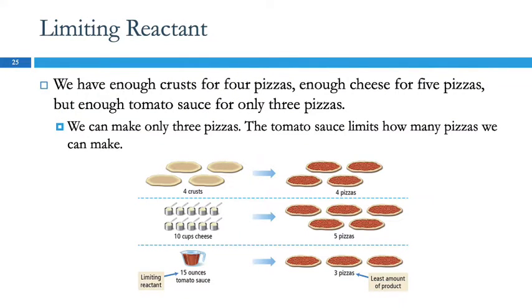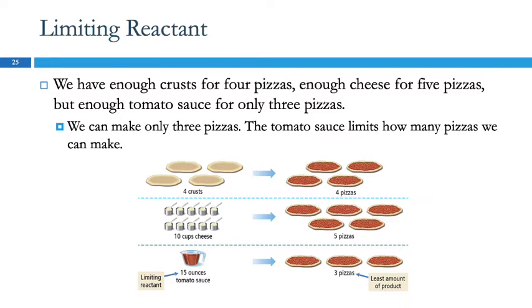And so here it is with pictures. The 4 crusts would make 4 pizzas, 10 cups of cheese would make 5, and 15 ounces of sauce would make 3. And so this amount of sauce limits the amount of product we can make. So this is called the limiting reactant.